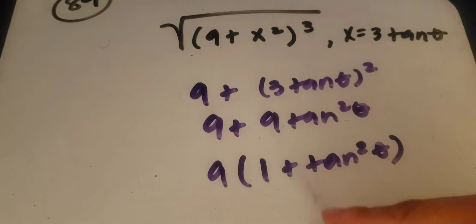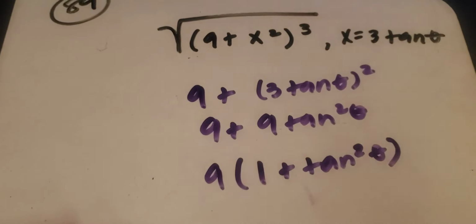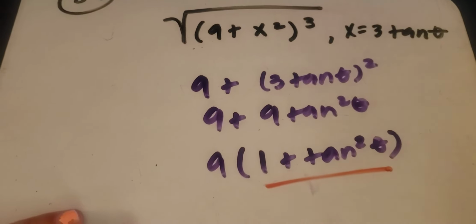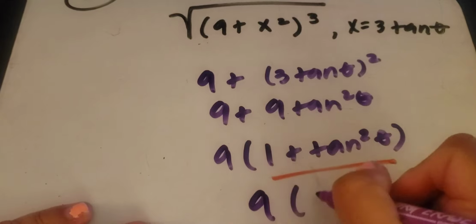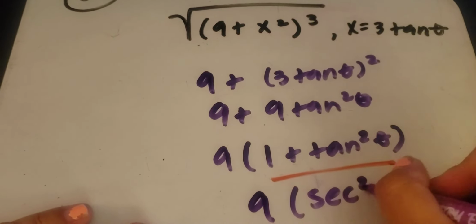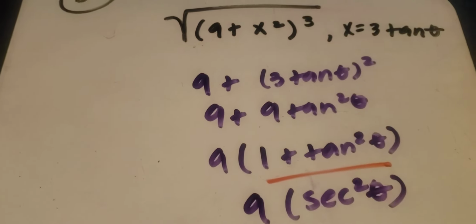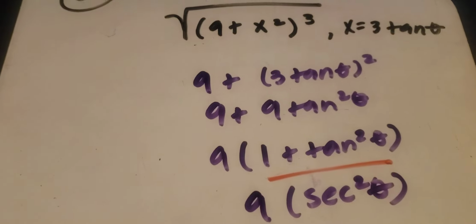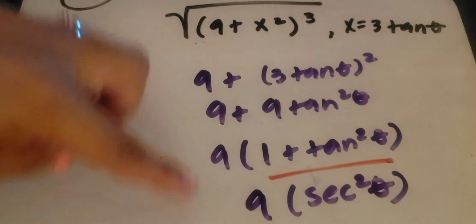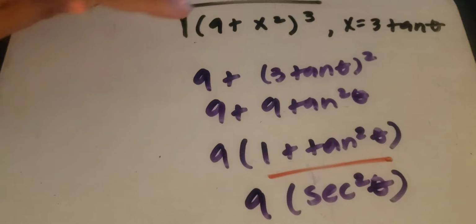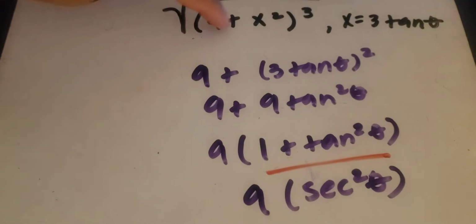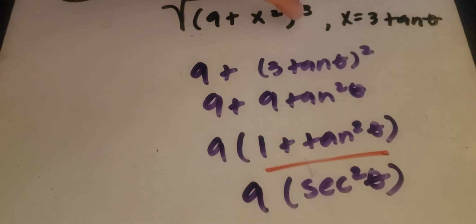This is secant squared theta. So this would give me secant squared theta. Don't forget I basically simplified everything that was inside the parentheses. I ignored the cube and the cube root because I just wanted to simplify.